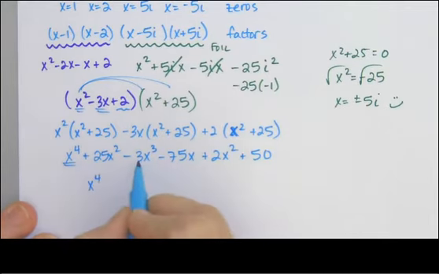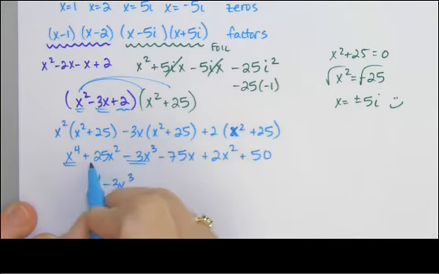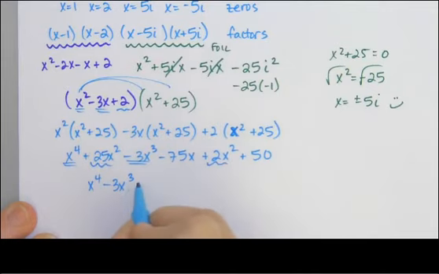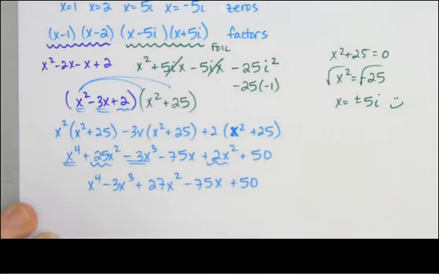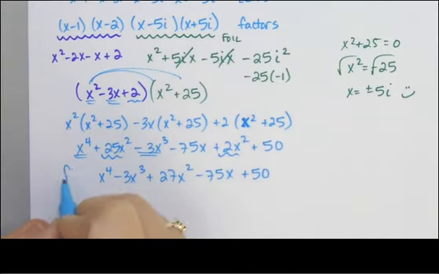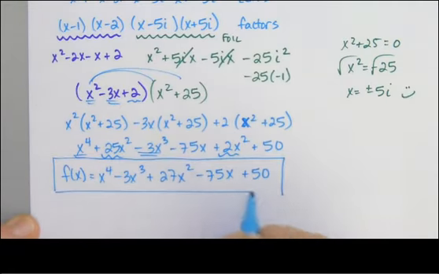Then I've got a minus 3x cubed. I've got a 25 and a 2x squared to give me 27x squared, a minus 75x, and finally plus 50. Phew. And again, to finish it off, don't forget this is an equation, so I want to set it equal to y or to f of x. And we're done.